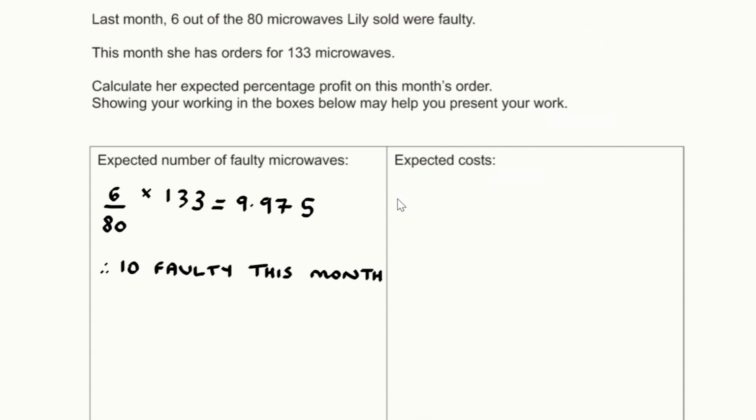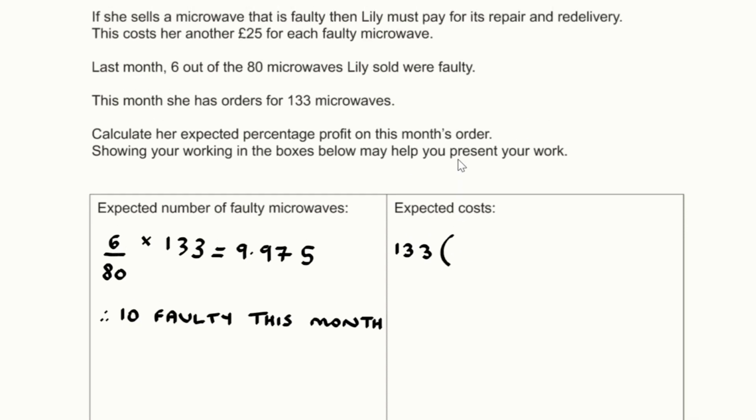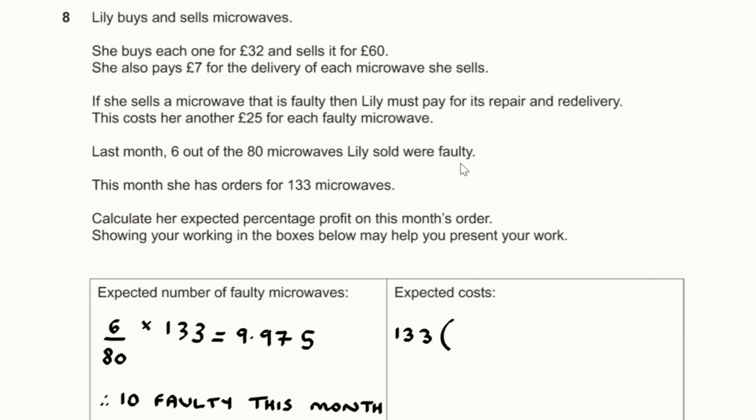So she's ordering 133 microwaves, and the cost of this, well, we know already she buys each one for £32 and the delivery is £7. So the expected costs are shown here, and then we need to add on the faulty microwaves.